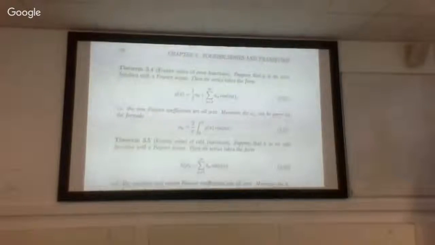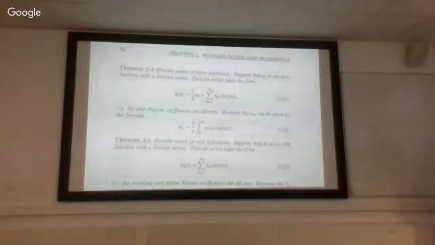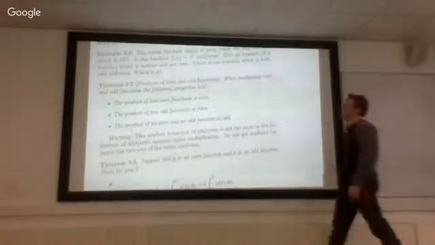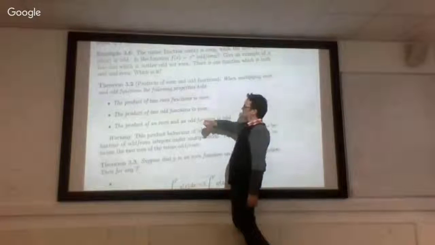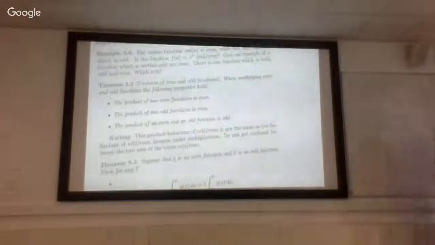We spent some time exploring that last time. The consequence of it is because cosine is an even function and sine is an odd function, and because we had a previous theorem, theorem 3.2, which we proved last time, which dealt with what happens when you multiply together odd and even functions. The product of two even functions is even, the product of two odd functions is even, and the product of an even and an odd is odd.